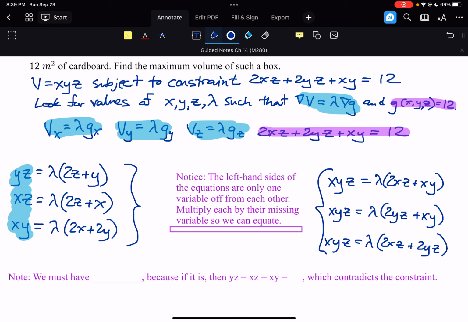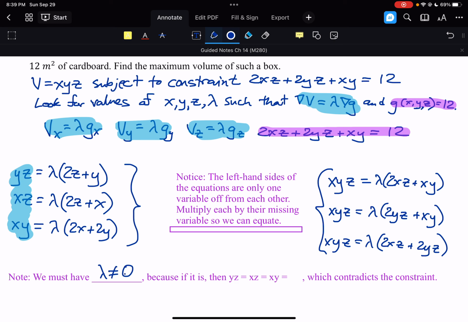Now, each of these equations are equal to the same thing, so we can set them equal to each other, and we can use those to try to solve for x's, y's, and z's. So one thing I want to point out before we go any further with our algebraic steps is we are going to notice that lambda cannot be equal to 0 in this case.